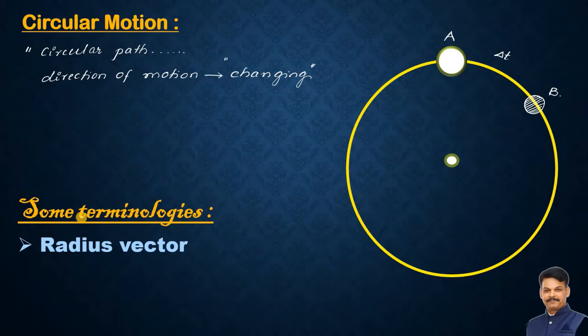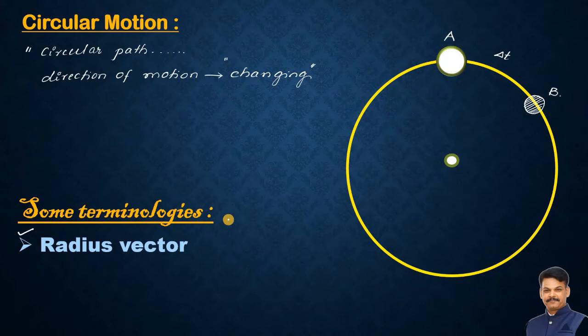Now, dear students, regarding the circular motion, we have to understand a few terminologies. The very first term which is associated with the circular motion is radius vector. We know that if we have any circle, then radius is the measuring factor of that circle. It is one of the dimensions which decides the circle, isn't it?